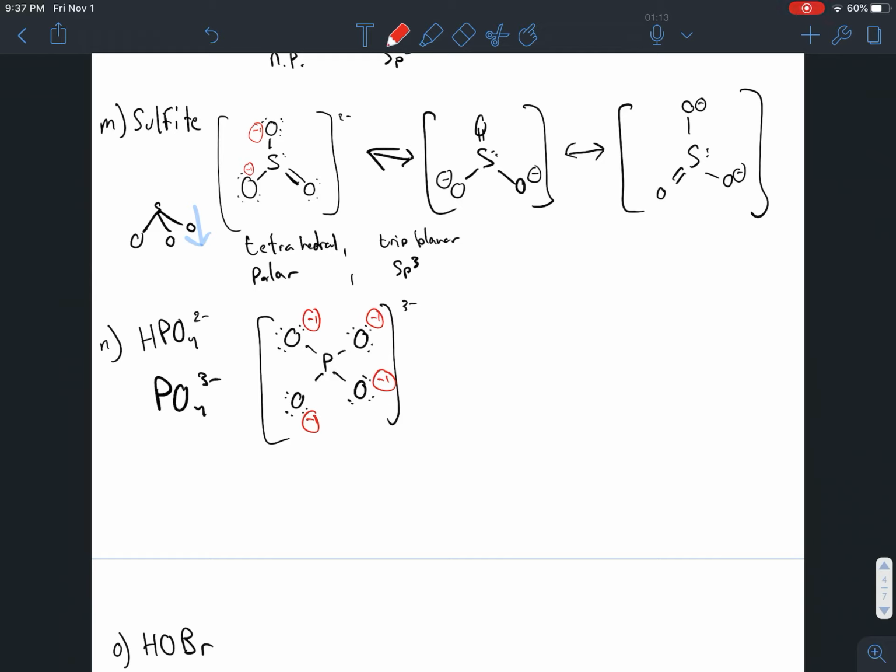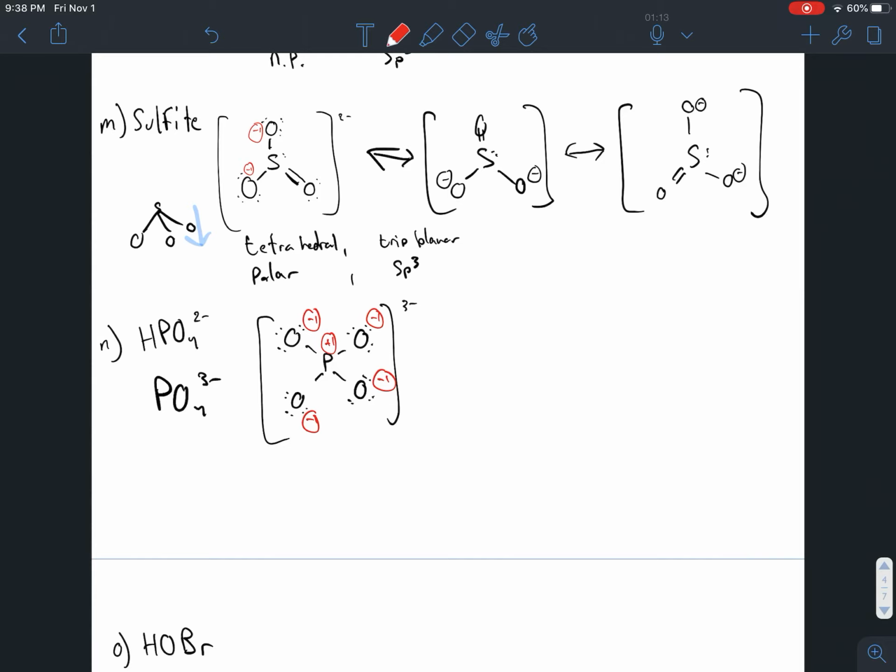Phosphorus wants 5, it has 4, so the total charge is +1. The charge does add up. I'm going to confirm with the World Wide Web if they think that I drew the right one, because I feel like there should be a double bond.